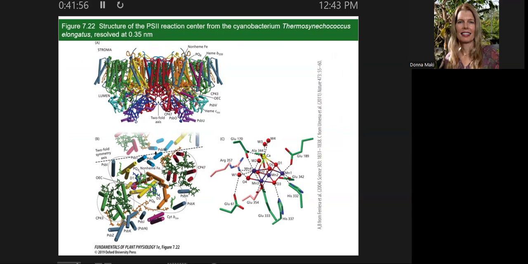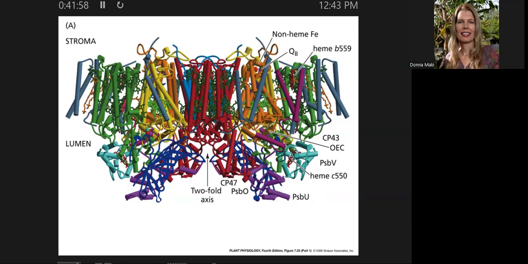Okay, so let me go back to this one. So here, this is photosystem 2. One of the things that they've labeled is OEC, and it's right in this area here. So that's part of photosystem 2. That's the oxygen evolving complex.